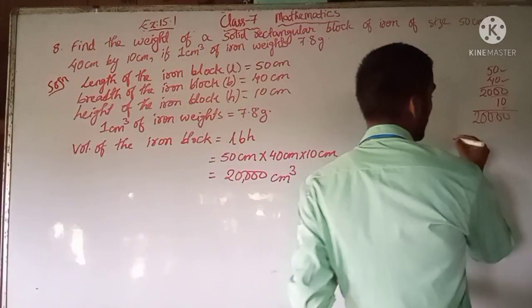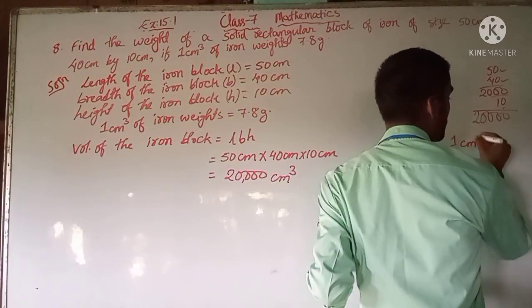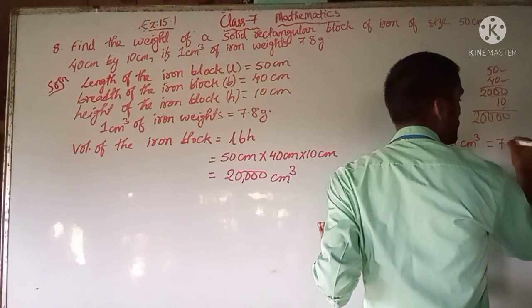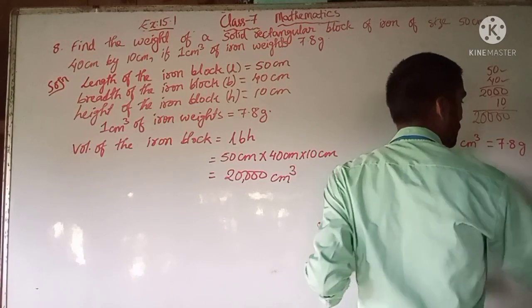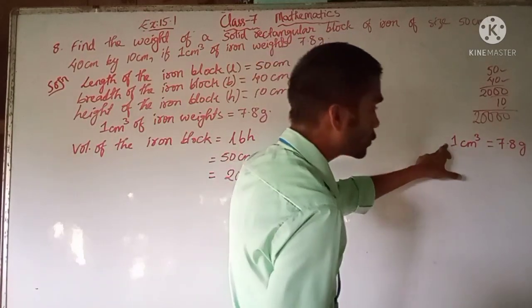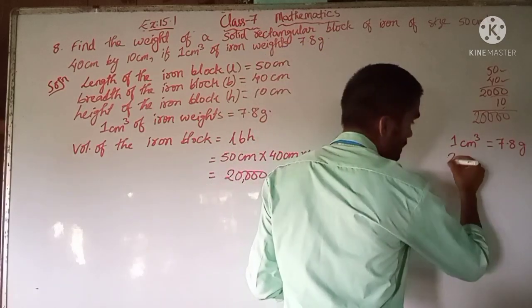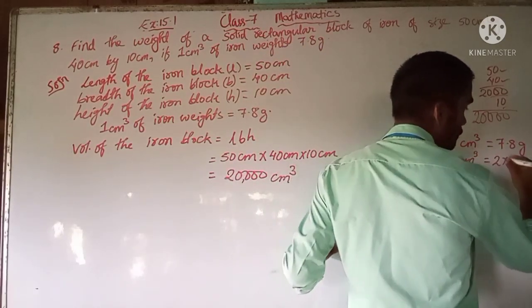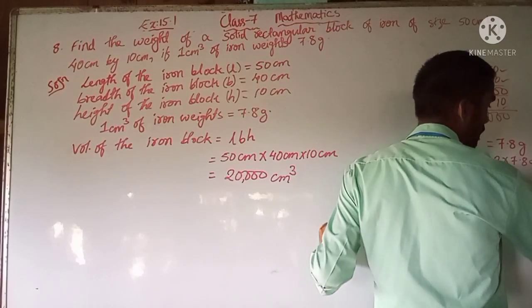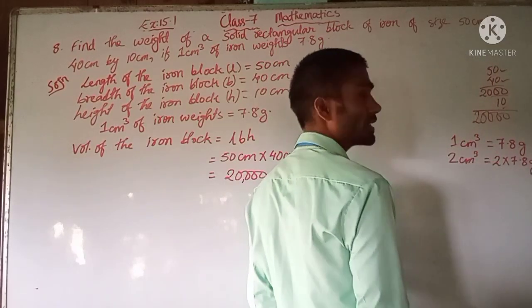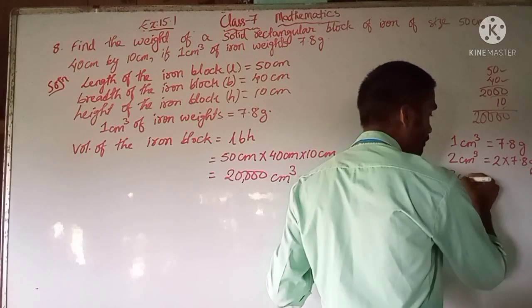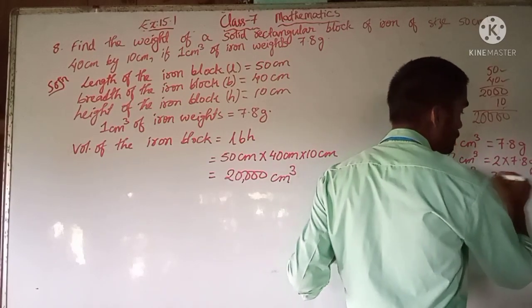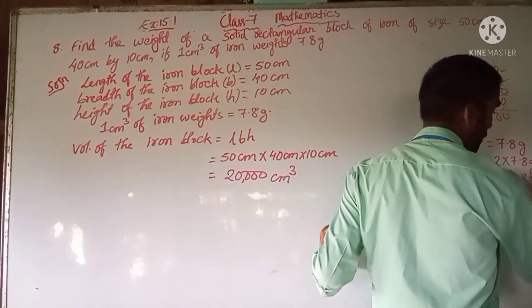Now 1 centimeter cube of that iron weighs 7.8 gram. Now if I say about 2 centimeter cube, then it will be equal to 2 into 7.8 gram. In the same way, if I say about 3 centimeter cube, then it will be equal to 3 into 7.8 gram.